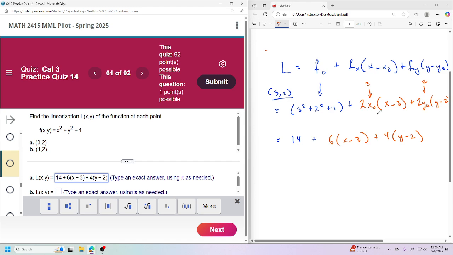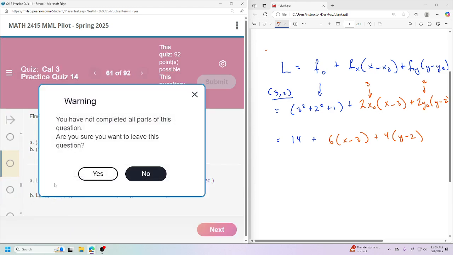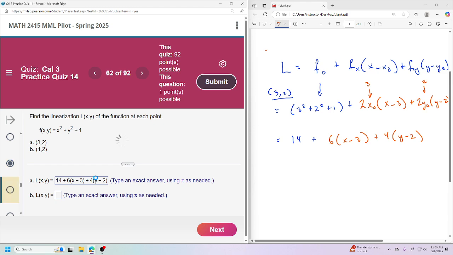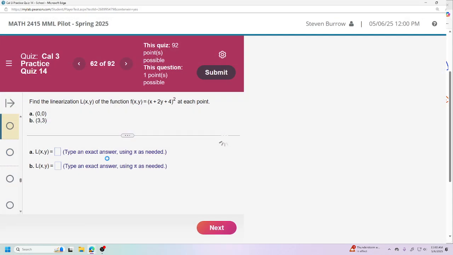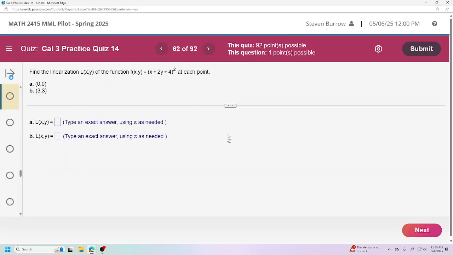We have to get a scalar on the outside. Yes, I like that, that would be way better. We could be silly with our notation once in a while.